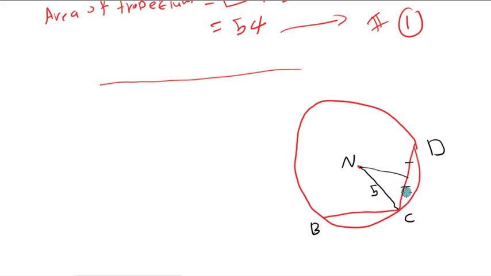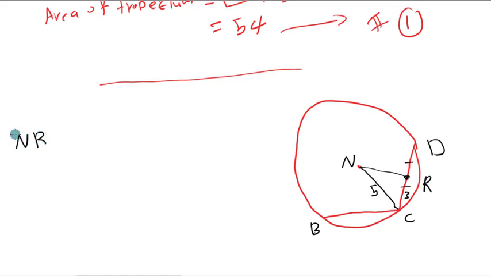So this line segment equals 3, from here to here. I will call the point R. So RC equals 3 and NC equals 5. To get the length NR, I will apply the Pythagoras theorem.